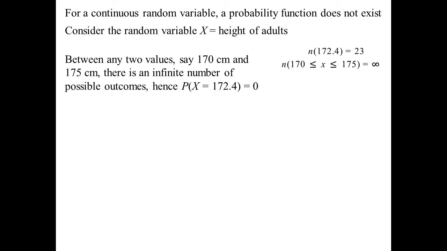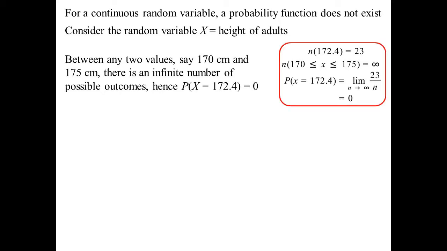Let's say there were actually 23 people that had a height of 172.4. But what we're saying is the sample space between 170 and 175 is infinite. There's an infinite number of values in there that they could have. So there's another way of proving that the probability must be 0: we'd say the size of our event, 23 people at 172.4, over the size of the sample space.